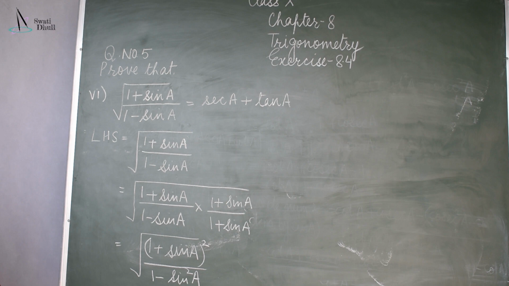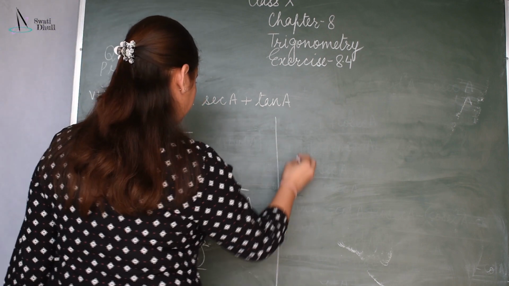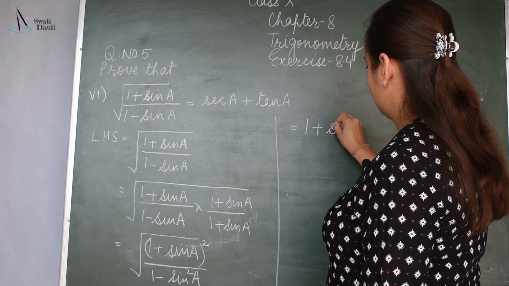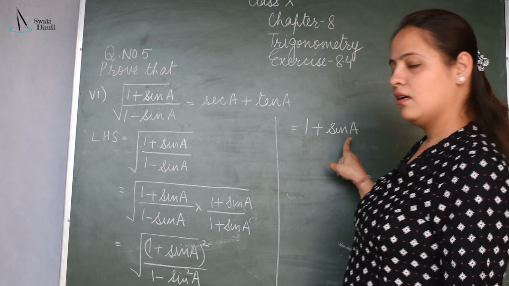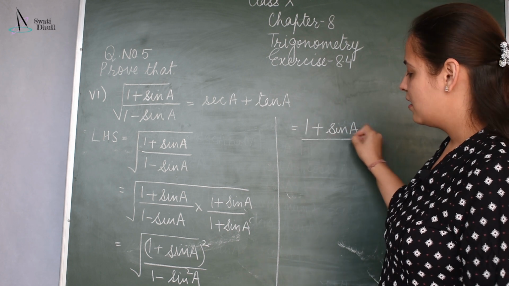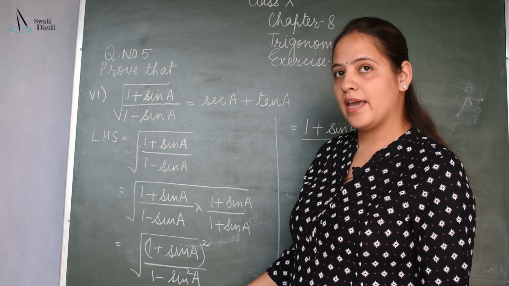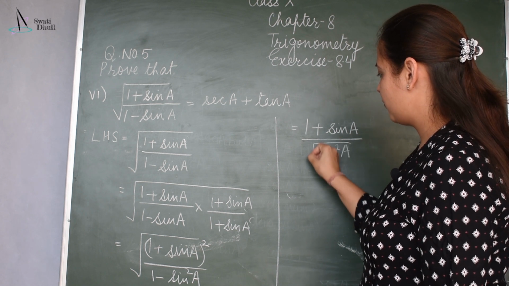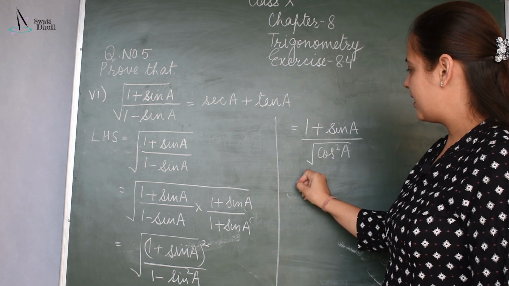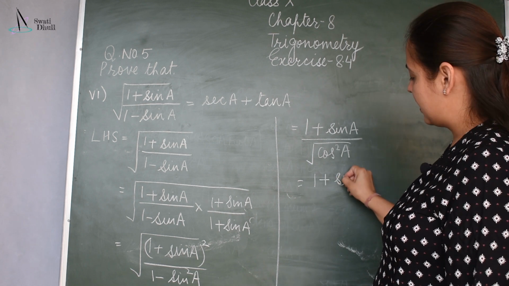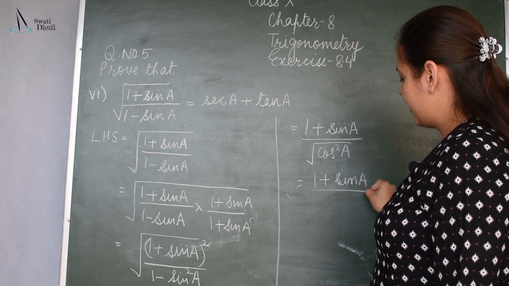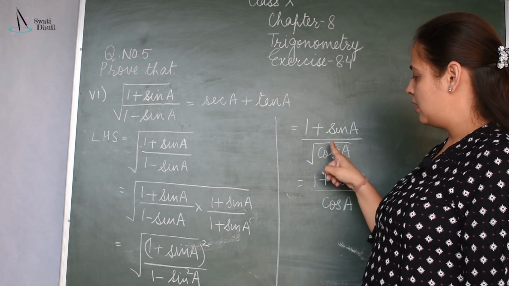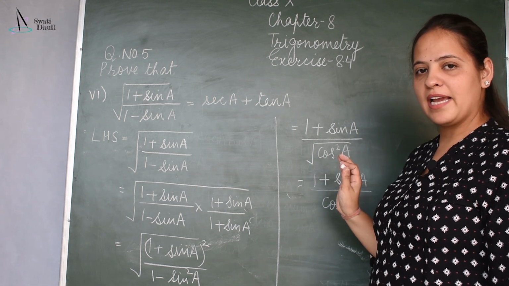So it will become 1 plus sin A in the numerator and 1 minus sin square A, which is equal to cos square A, and this will also be under root. So I can write it as 1 plus sin A divided by cos A, because this power 2 and this square root will cancel out.